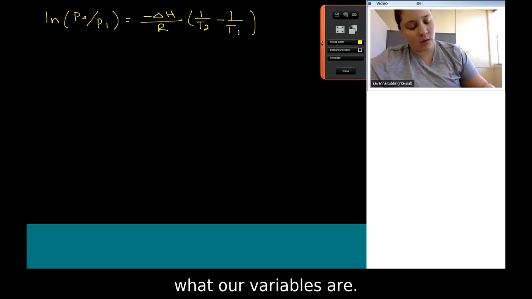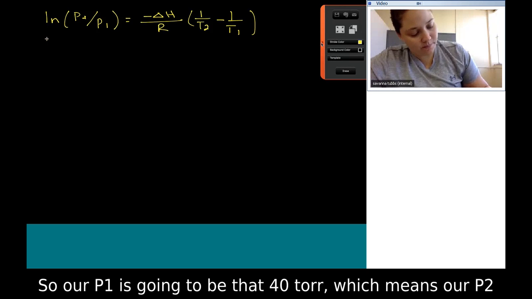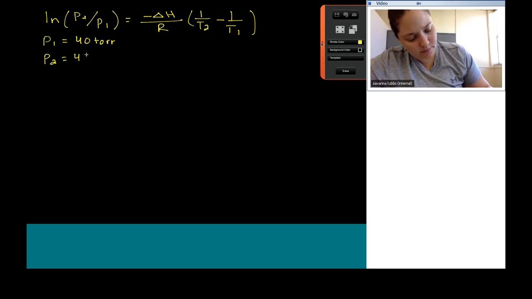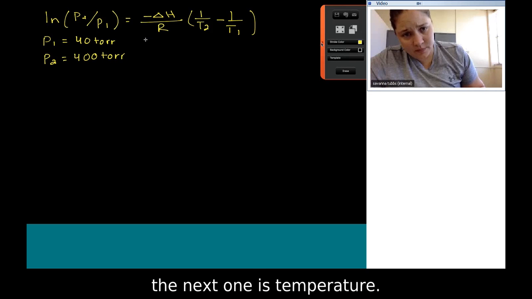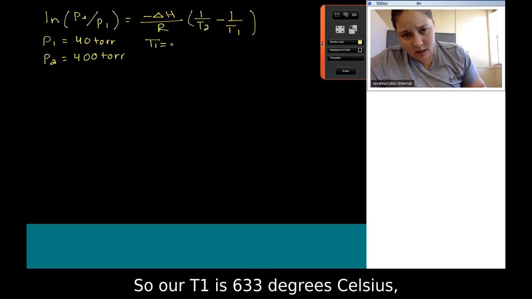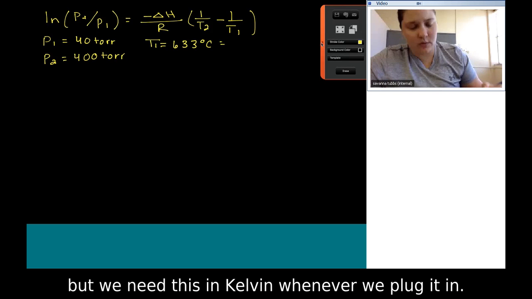our variables are. So our P1 is going to be that 40 torr, which means our P2 is 400 torr. For those that didn't know, P represents pressure. The next one is temperature. So our T1 is 633 degrees Celsius, but we need this in Kelvin whenever we plug it in.